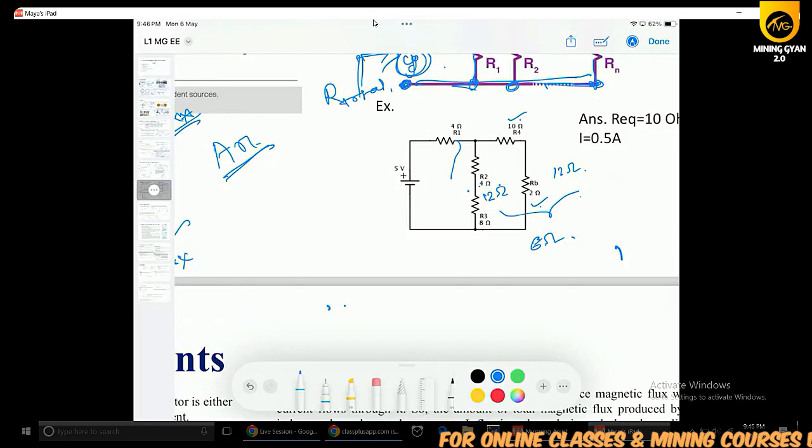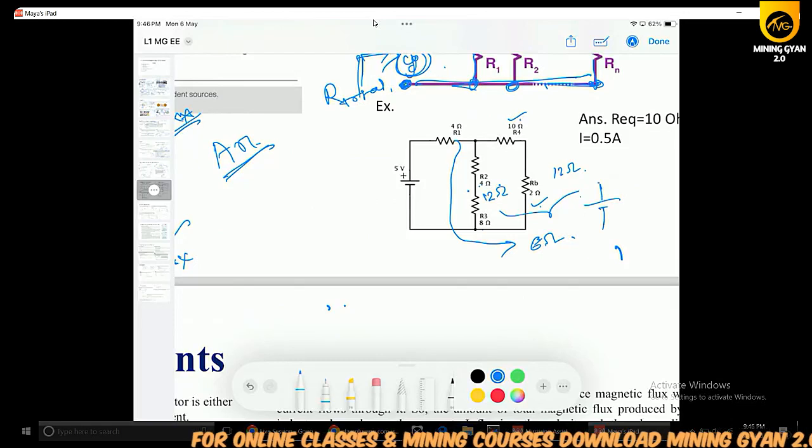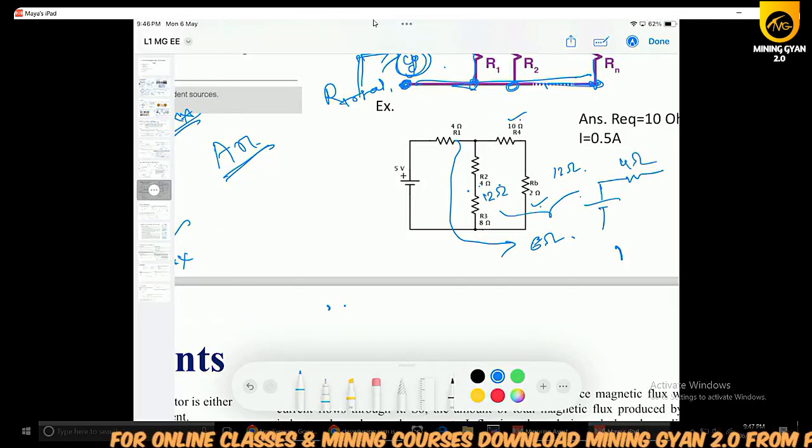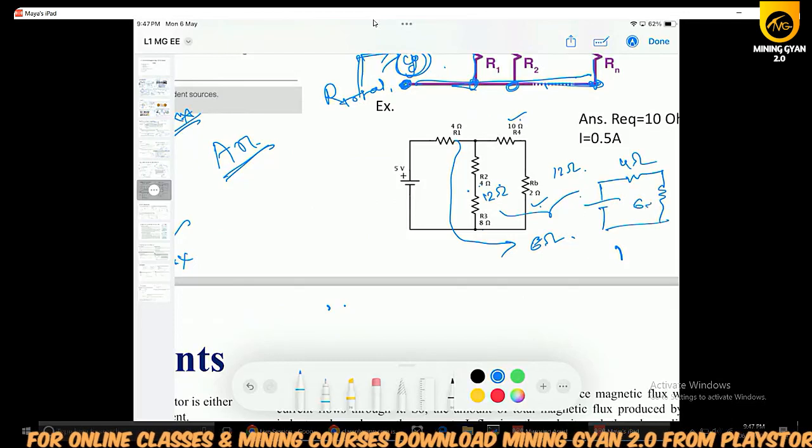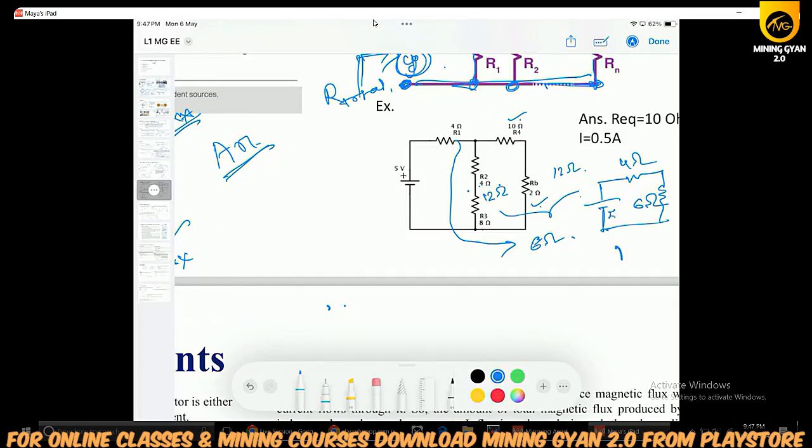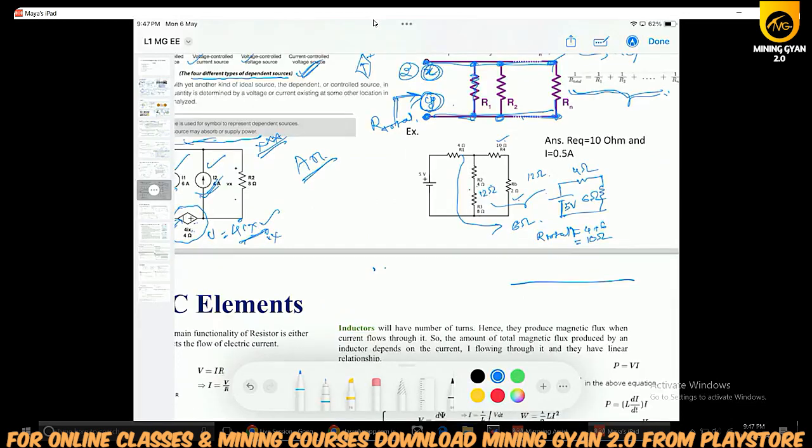The 6 ohm will be connected to this in series. So the equivalent circuit is 4 ohm, 6 ohm, and 5 volts. R total will be 4 plus 6, that is 10 ohms, and I, the total current flowing through this circuit, will be 5 divided by 10, so I will be 0.5 amperes.